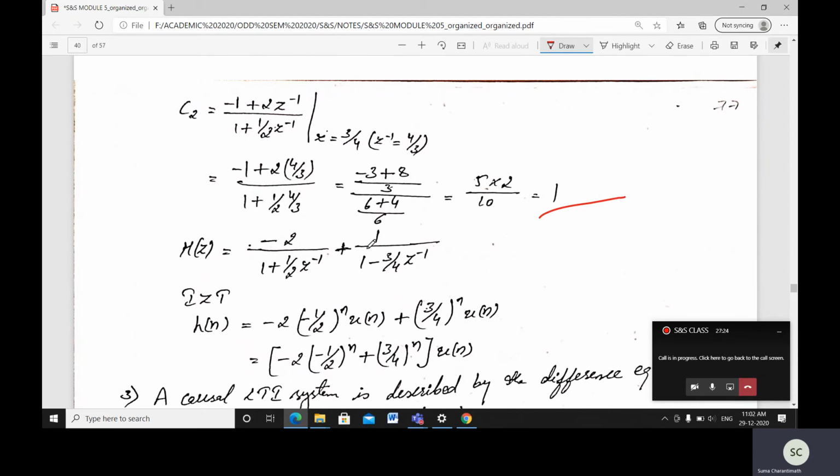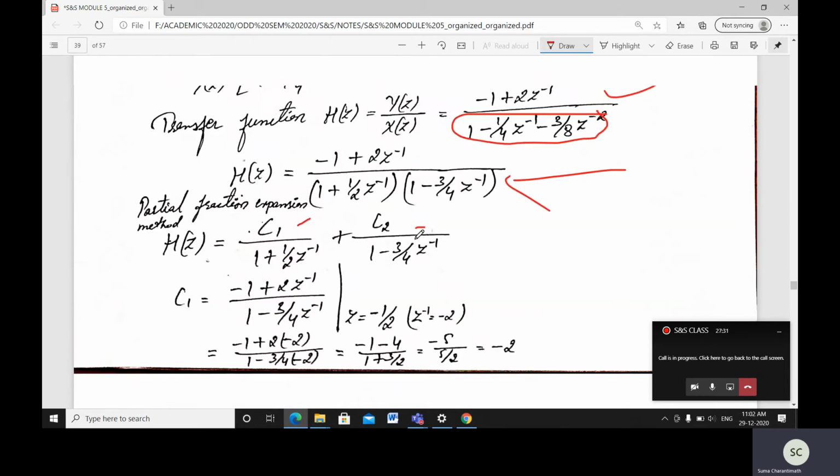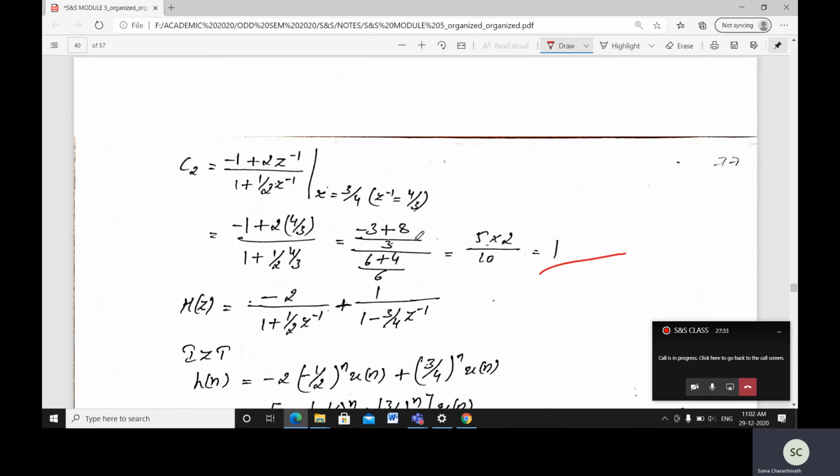Then substitute c1 and c2, and you will get minus 2 divided by 1 plus 1/2 z inverse, plus 1 divided by 1 minus 3/4 z inverse.